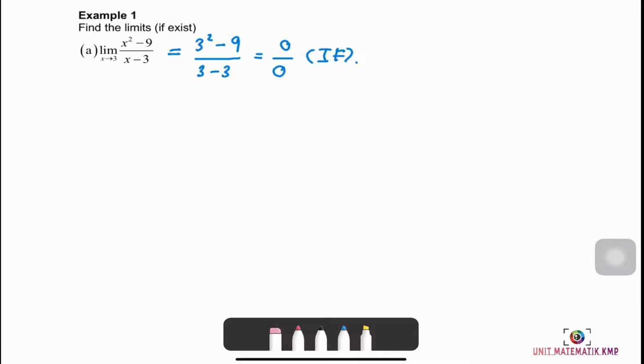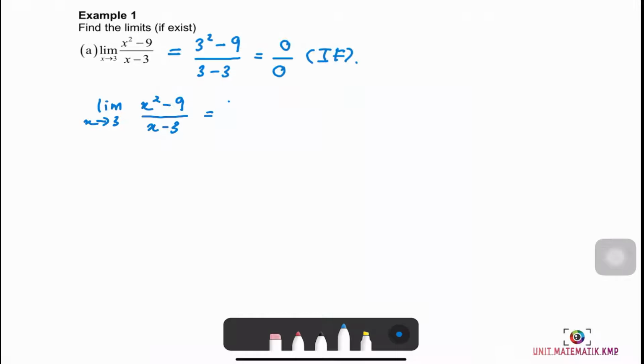So we have the limit of x squared minus 9 over x minus 3 as x approaches 3. We can factorize the numerator.